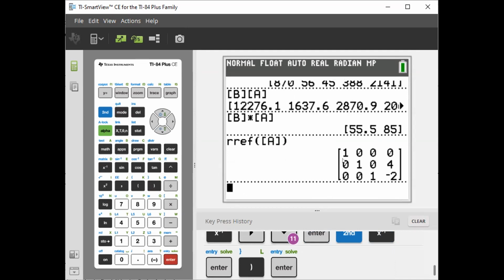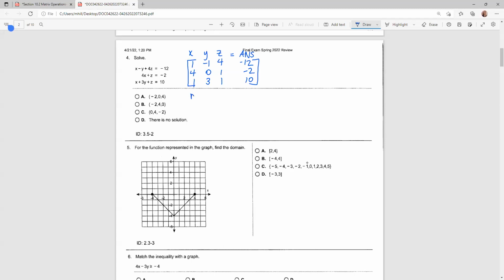It's been a while since we've worked one of these. So when we go back, we do RREF, matrix A. We hit enter, we got this. And your answers were on this last row, and that's why the answer is C.